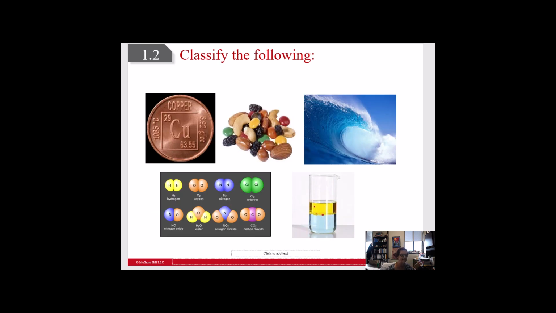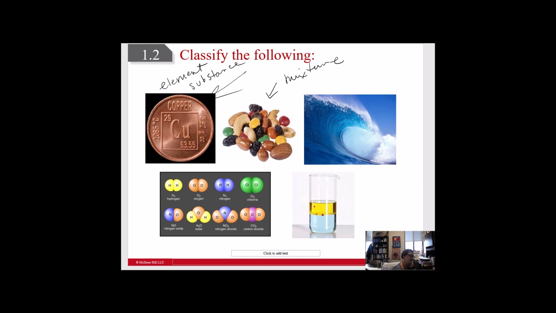So just to kind of test where we are, let's look at some examples. This is a piece of copper, okay? It is just copper, therefore it is an element, right? Which means it's a substance, because an element is a type of substance. This is a mixture.